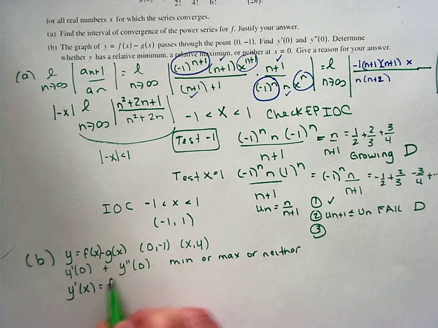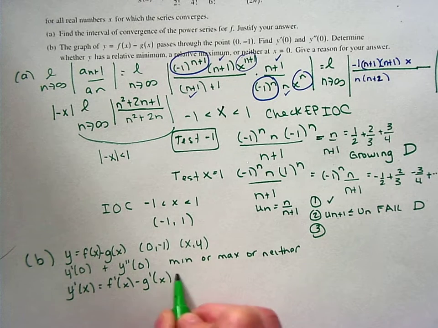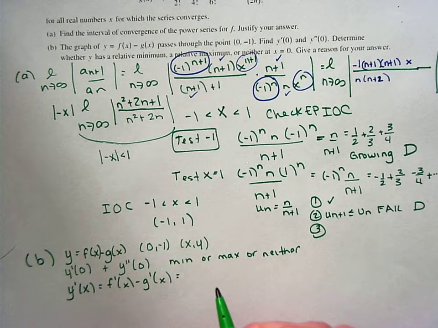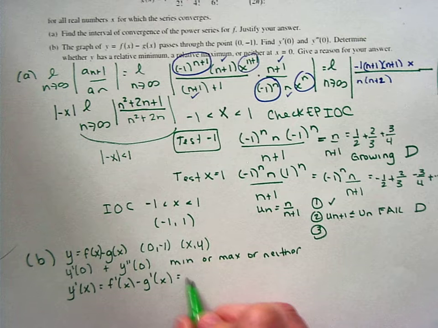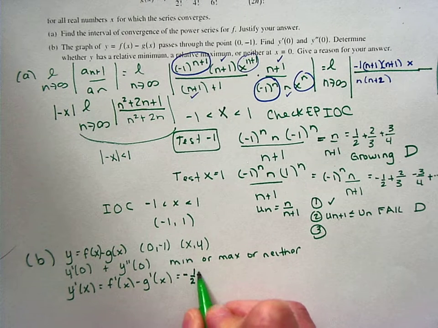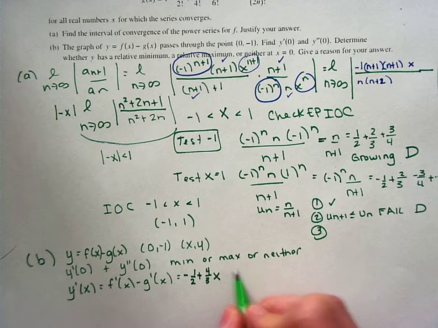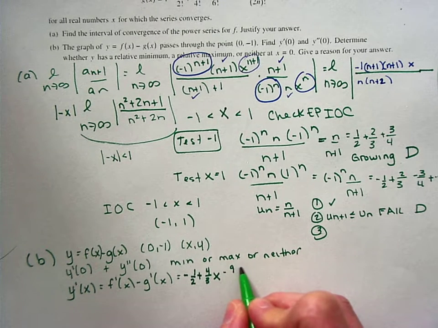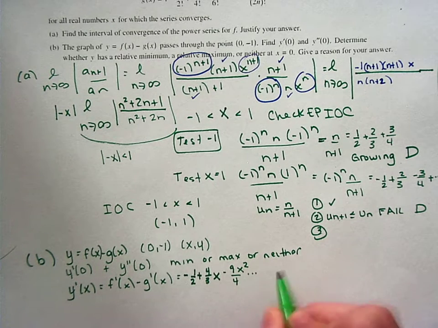So that's going to be f prime of x minus g prime of x. And we don't need to do a lot here. We just need to write out a few terms. So f prime is going to be something like this, minus a half plus 4/3 x minus 9x squared over 4, dot dot dot.